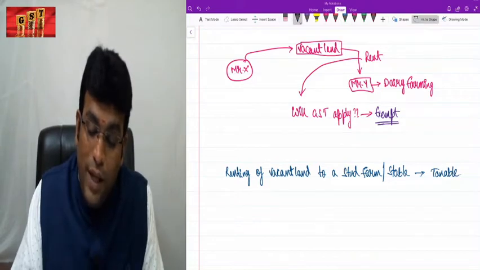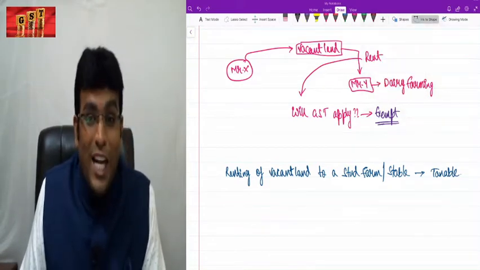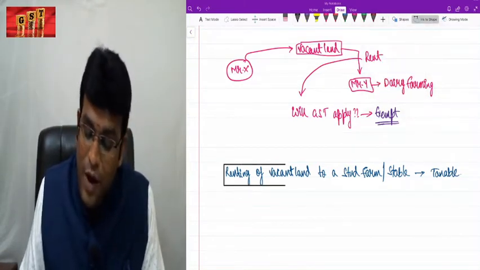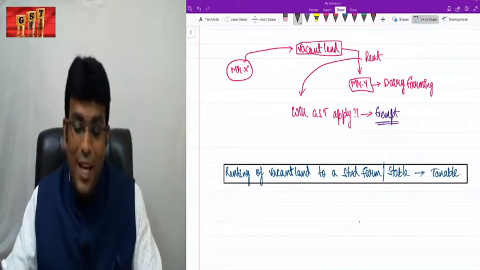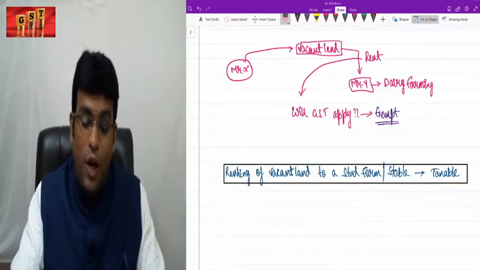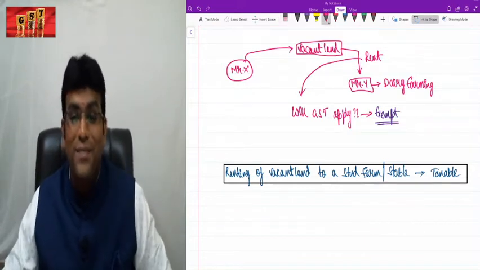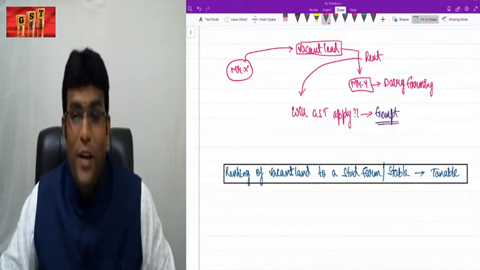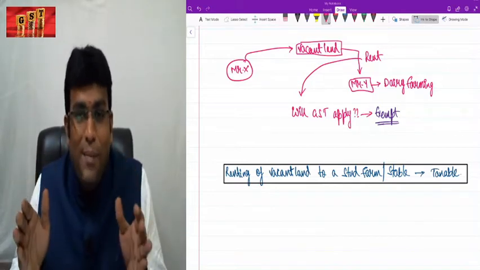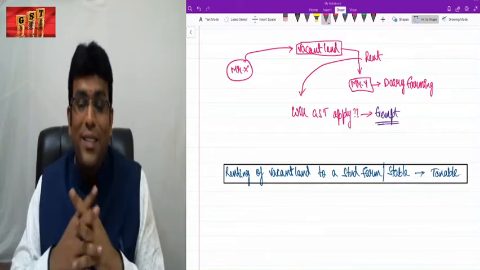Now don't think too much about what a stud farm or a stable is. Such stud farm or stable is nothing but a place where horses are kept. Clear, friends? Come on, what is the point covered here? Renting of vacant land to a stud farm or stable is definitely taxable.